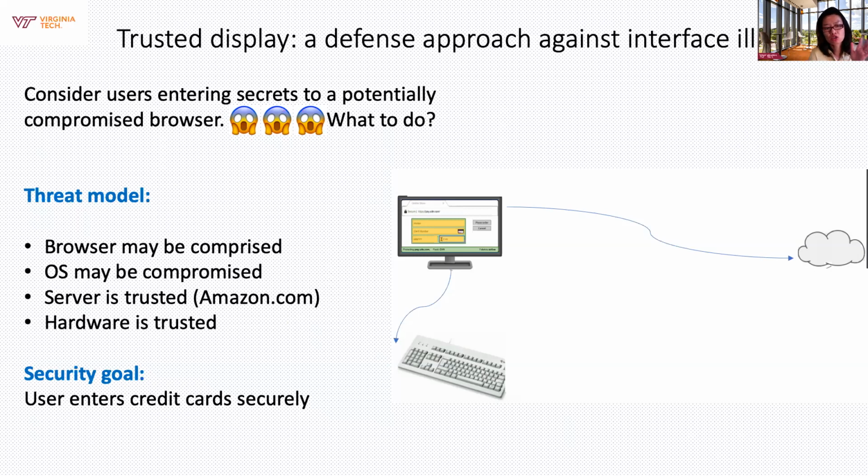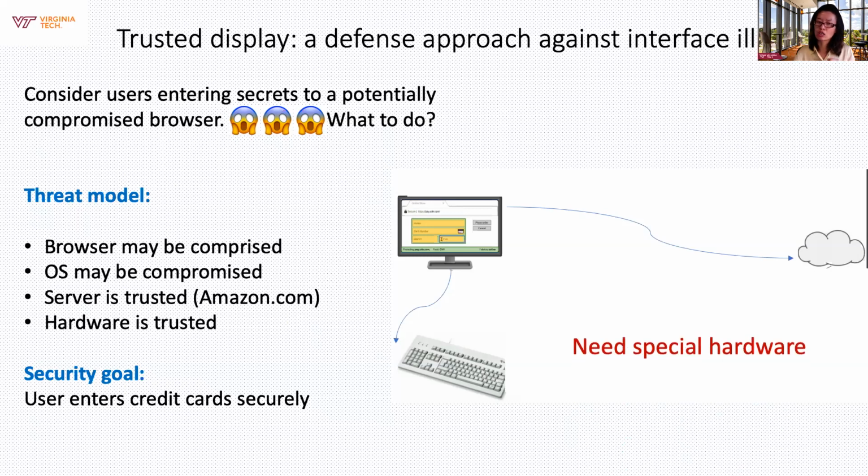The threat model is that the browser could be compromised, and the OS could be compromised as well. The server is trusted. The Amazon.com server is trusted. You can use special hardware, okay? The hardware is generally trusted. And the goal is, of course, for the user to enter credit card details in a secure way.